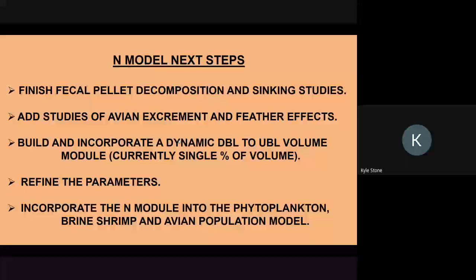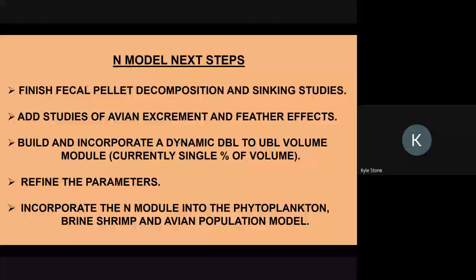We need to have studies on avian excrement and feather decomposition effects, which would be really important to the lake. And I would imagine that avian excrement is going to be like phytoplankton. It's going to go straight into the water in the upper layer. It's not going to be down in the deep brine layer.